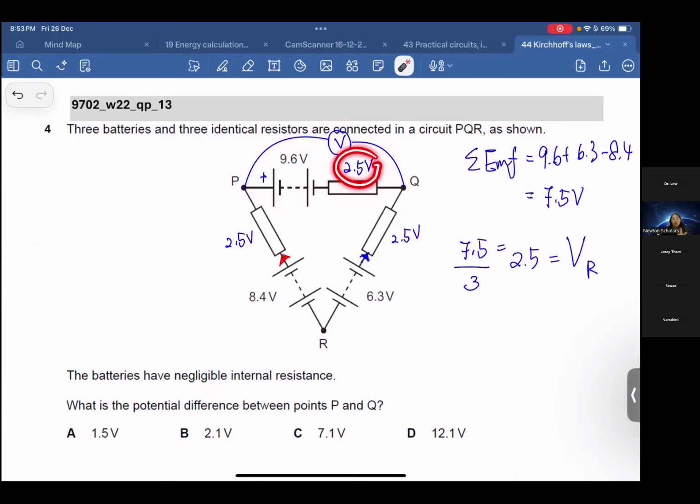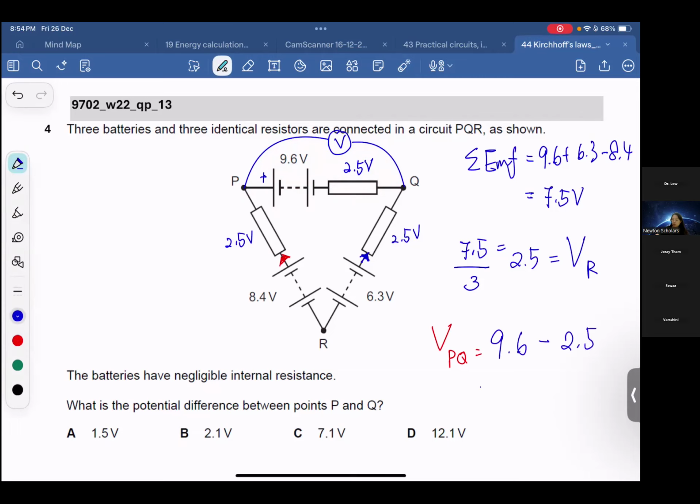So this part is used up. So this one is a drop. This one is provided. So in between here, I provide 9.6, then you use up 2.5. What is the remaining? So V across PQ will be 9.6 minus 2.5. So your answer should be 7.1 volt.